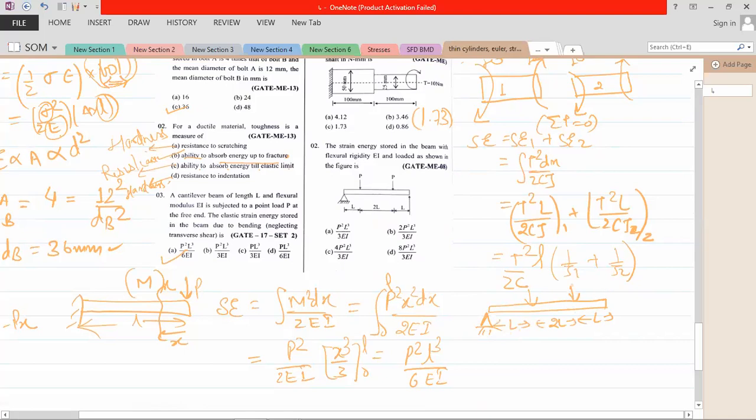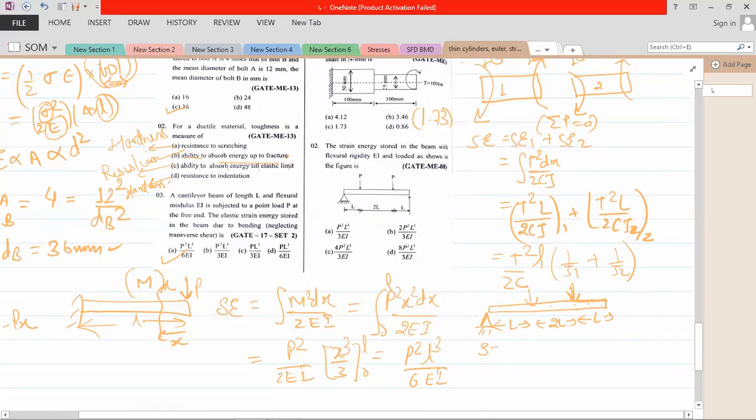If we move from the start up to L, no force is acting, so up to L nothing is there, but after that only one force is acting, and after that two forces are acting.